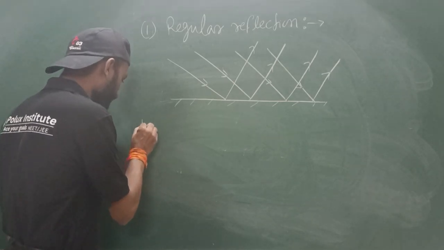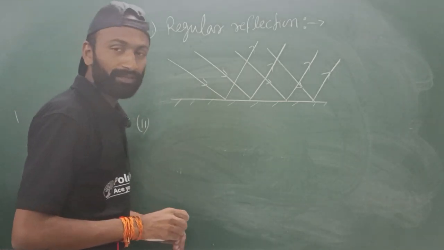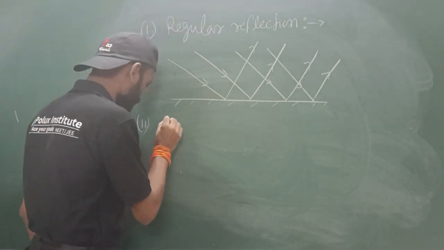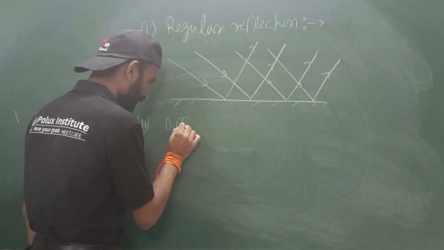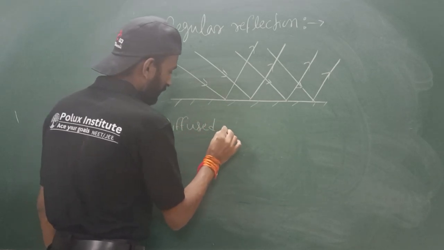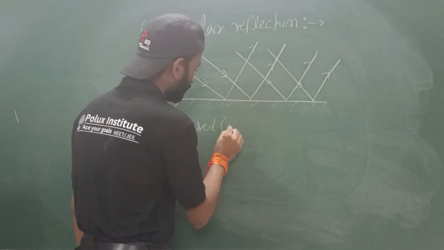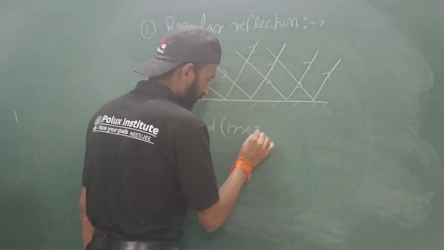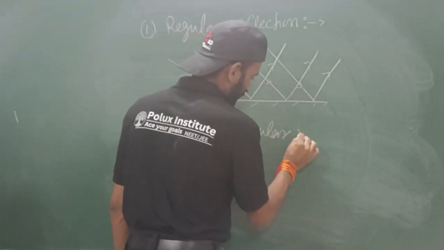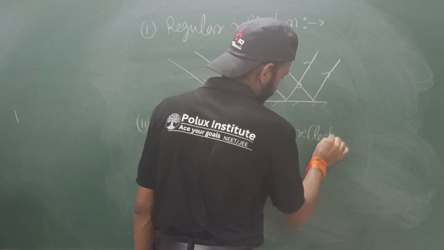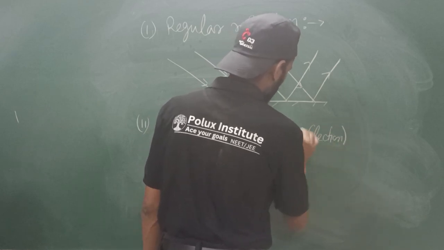But the other is called diffuse reflection, or this is also called irregular reflection. What is irregular reflection?